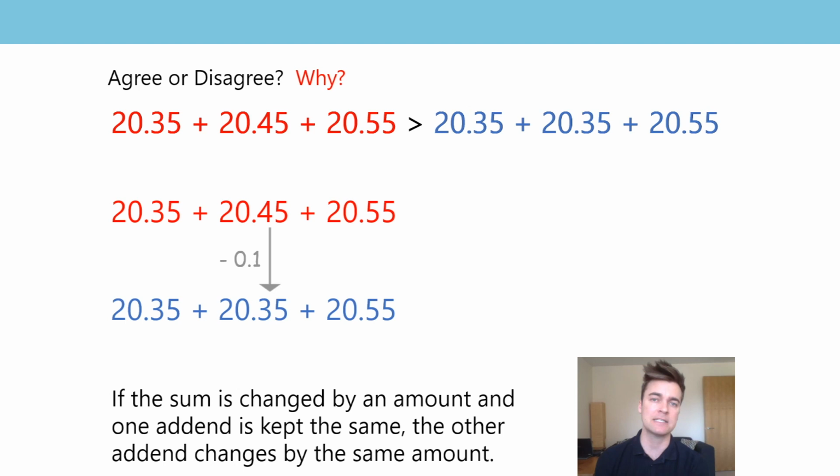There's a decrease of 0.1, of 1/10. Now that I know that there is a decrease from red to blue, I know that the red side is greater than the blue side. So I agree with the inequality. Then I've got some jottings there to help prove and explain why I agree.